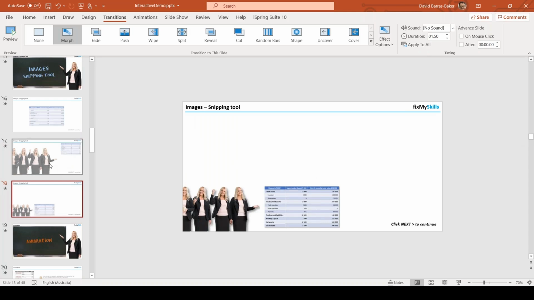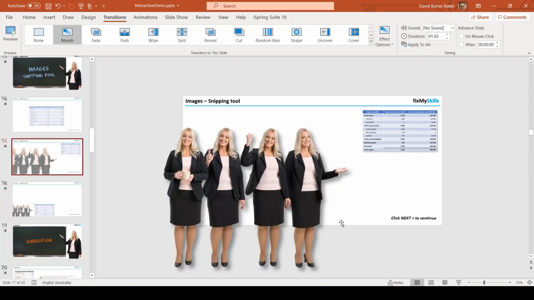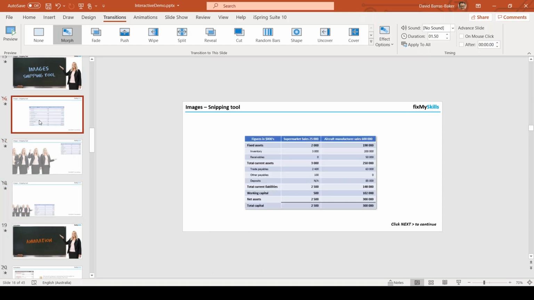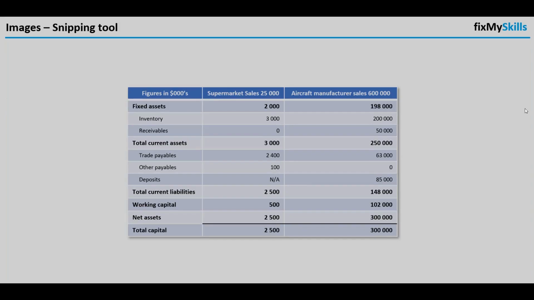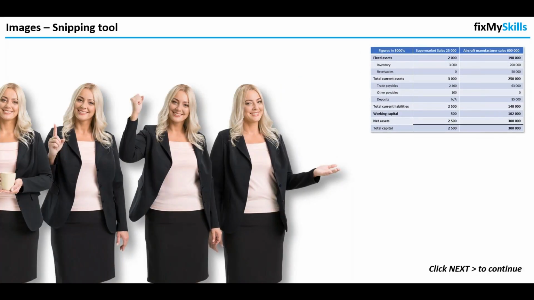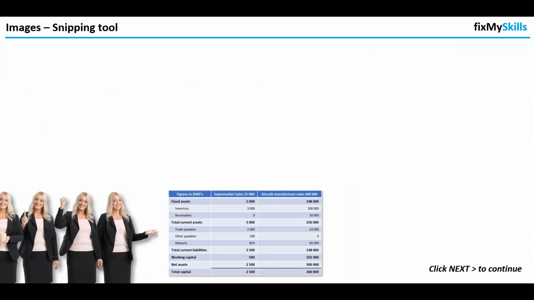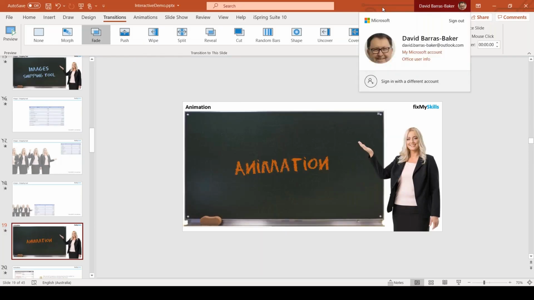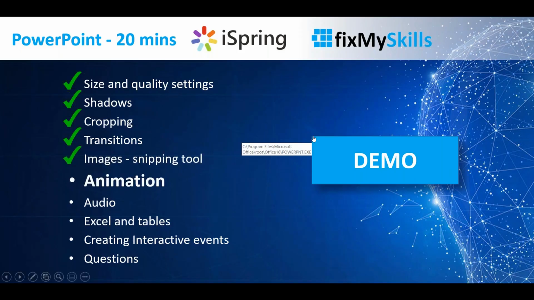The easiest thing to do is simply to take a snapshot of that and put it in there. And to demonstrate how that works, there we have it, and there we have it moving down and the small one in the corner. Just another one of those little tricks learned. Okay, animation up next.